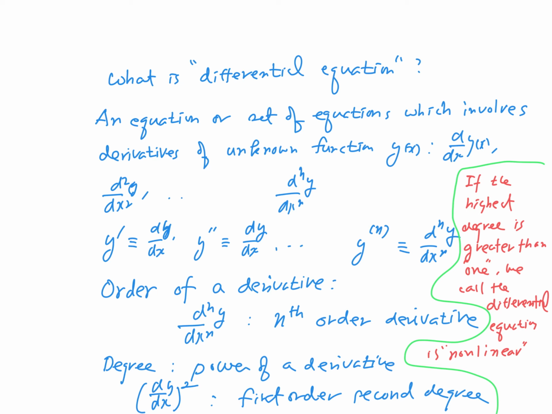It doesn't matter whether it is the degree of the highest order or the degree of the lowest order derivative that is greater than 1. Either way, we call this differential equation nonlinear. And nonlinear differential equations are extremely difficult, and we are not going to cover that. So you can be relaxed.